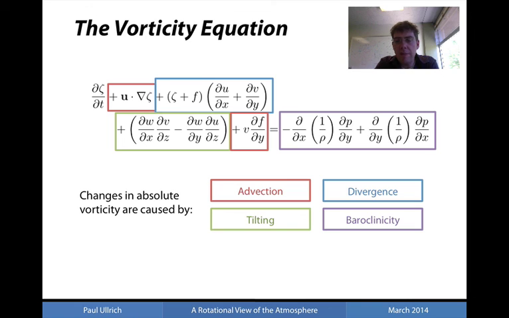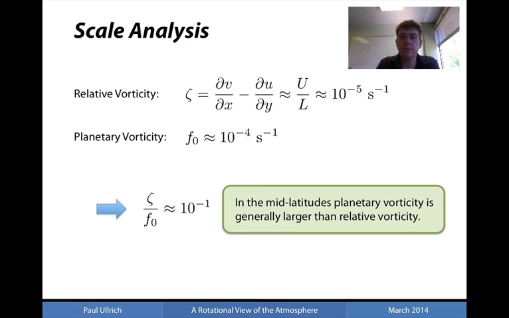And we were able to eliminate several of these terms by noting that they were relatively small in comparison to larger terms. From scale analysis, we also found that the Rossby number is typically on the order of 0.1, which implies that relative vorticity is typically much smaller than planetary vorticity. So taking this fact into consideration, in addition to potential vorticity, then allows us to draw certain conclusions.